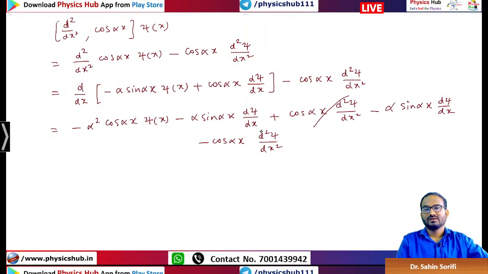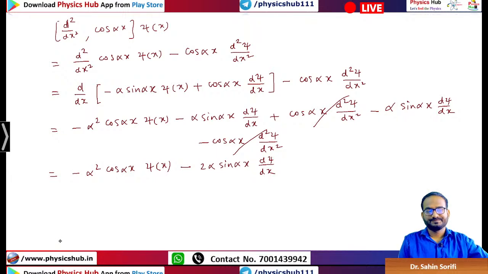Now this thing and this thing get cancelled, and we have minus alpha square cos alpha x psi of x minus 2 alpha sin alpha x d psi by dx. So you can write it in this way: minus alpha square cos alpha x minus 2 alpha sin alpha x d dx of psi x.